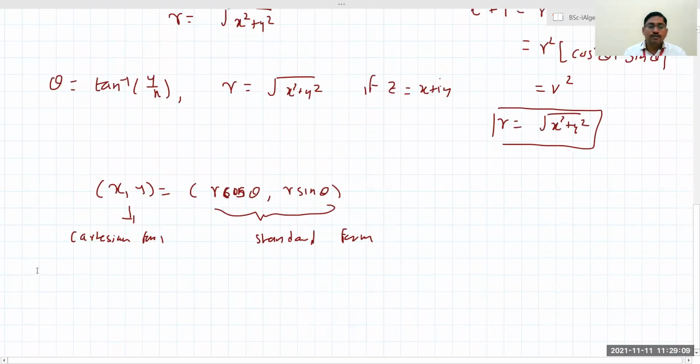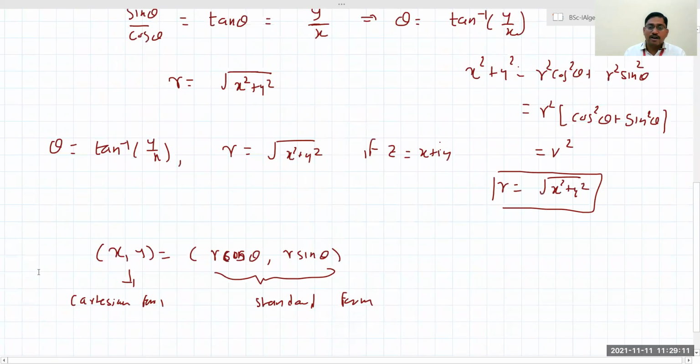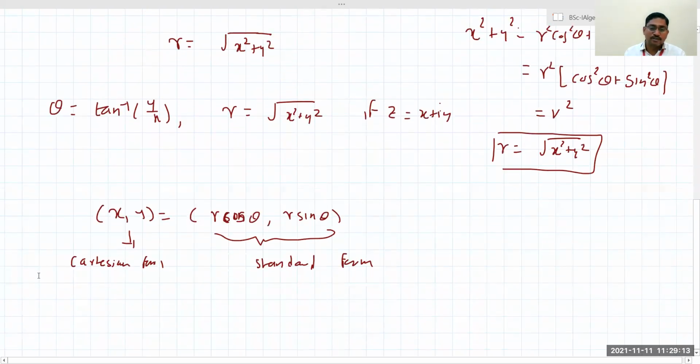So what do you mean by r? r is just the magnitude of the complex number. And what is theta? Theta is the direction of the complex number. Since every complex number has magnitude as well as direction, it implies that it is a vector quantity. And in a vector, we will not discuss which is greater and which is lesser. Like for real numbers, we say 3 is greater than 1, minus 3 is less than 0.